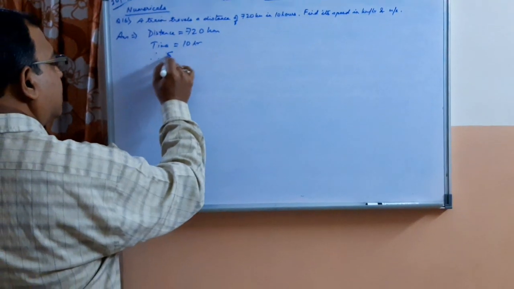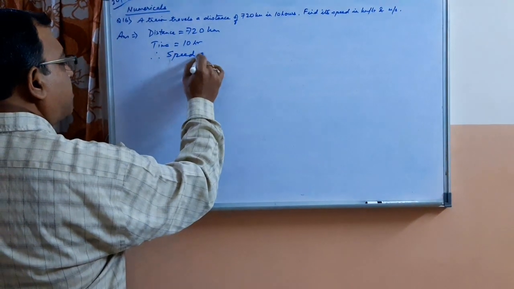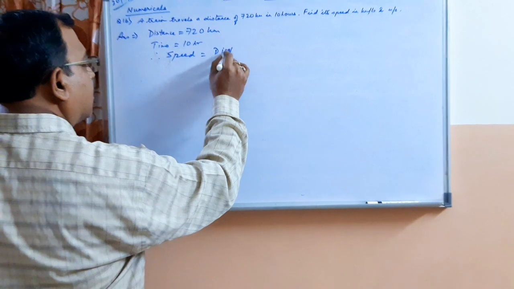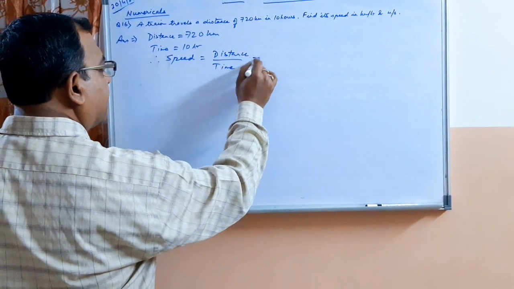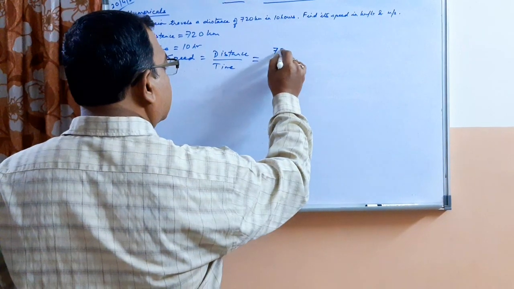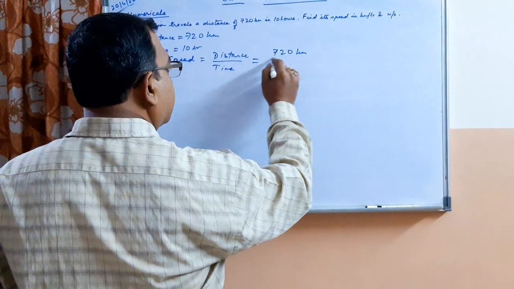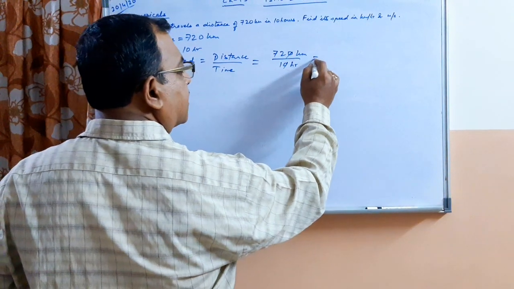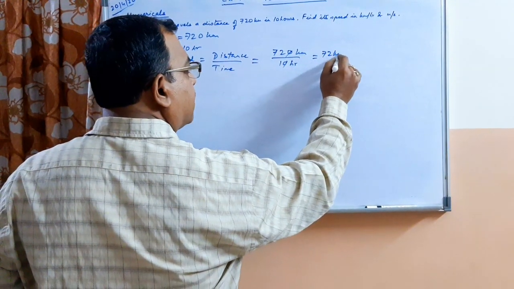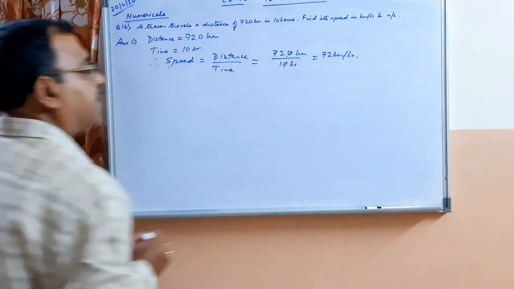Therefore speed is equal to distance by time, that is 720 kilometer by 10 hour. The 0 gets cancelled, that comes to 72 kilometer per hour.